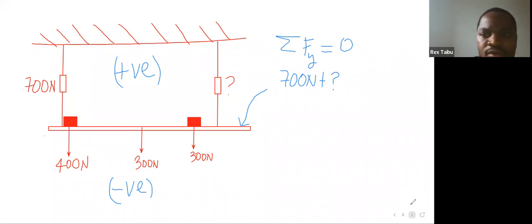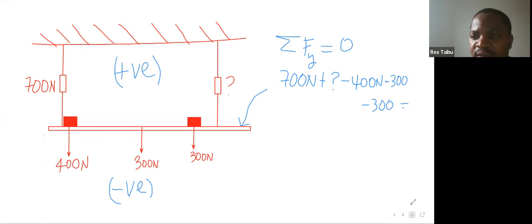And then for the downward forces, I have minus 400 newtons. I have also minus 300, and then minus 300 again. The answer must be 0.